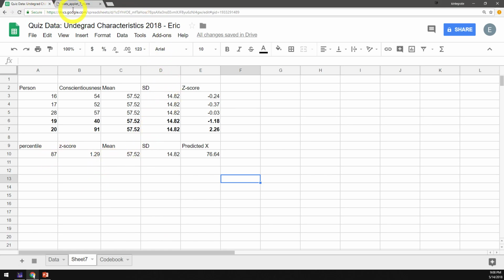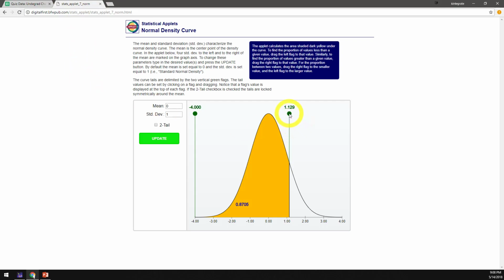Just to show you one more, if we wanted to figure out the predicted score at, let's say, the 20th percentile, let's move this all the way over until this value is as close as we can get to 20. That's good enough. We get negative 0.829.